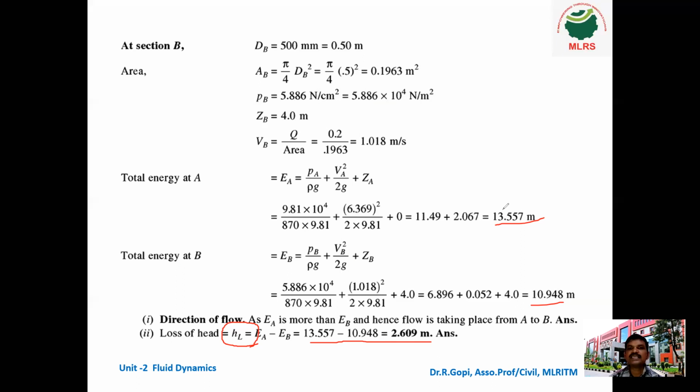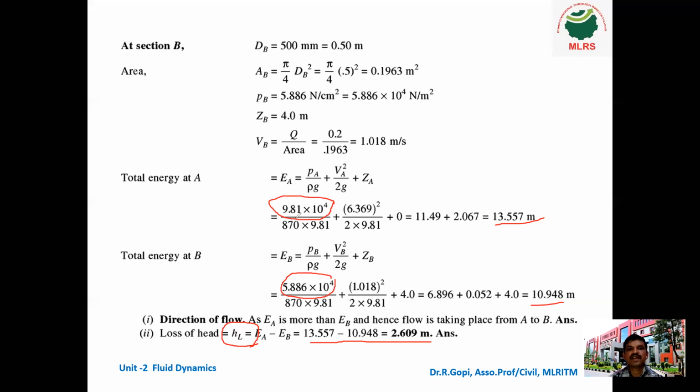Okay. So where energy is maximum, the pressure also is maximum. You can see here pressure at point A is 9.81, but in case of PB it is 5.886.